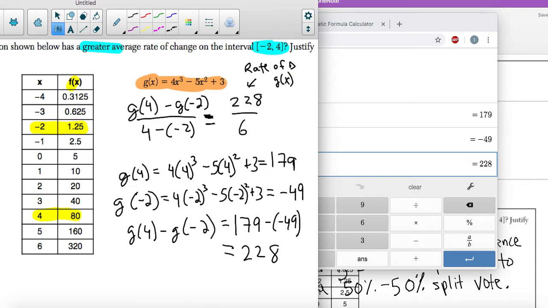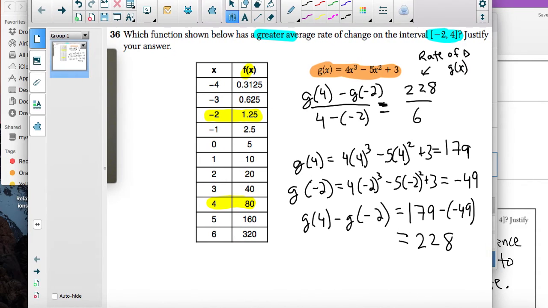Okay, now we're going to do the same thing for f of x, but we won't have to do as much. I'm not going to simplify the fraction because both of them will be over 6, so whichever has the higher numerator has the greater average rate of change. For f of x, f of 4 is 80, so f of 4 minus f of negative 2, that's the change in output, over the change in input, 4 minus negative 2.